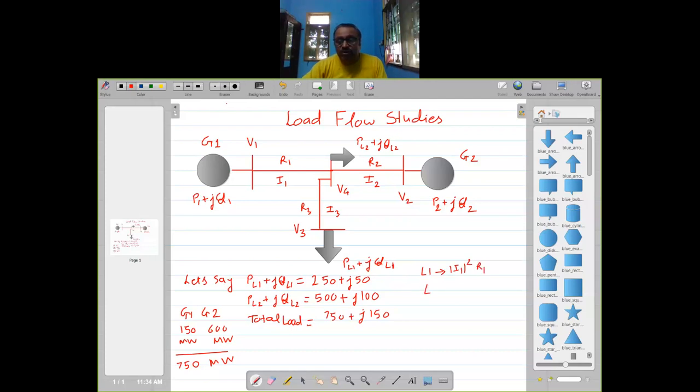In L2, it is I2 square R2, and in L3 it will be I3 square R3.